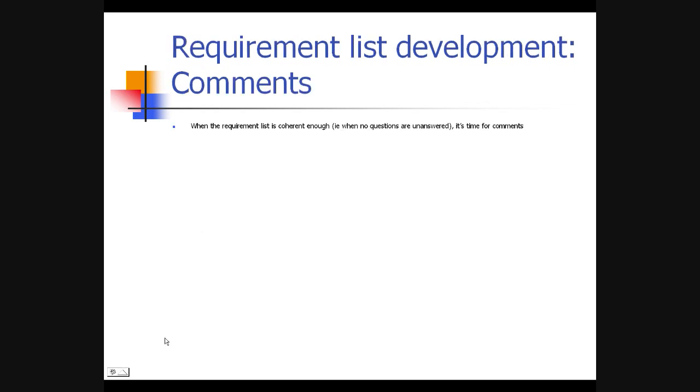When the requirement list is coherent enough, which is basically when I don't have any more questions, or at least not any question that was not answered, then it's time for commands. The commands are from the future users. I'm not talking about the main correspondent anymore, or the secondary ones.